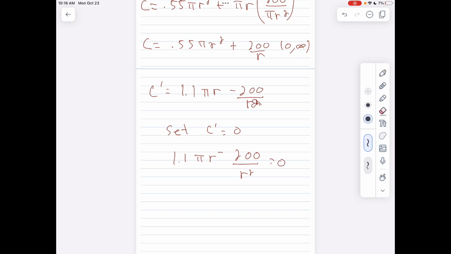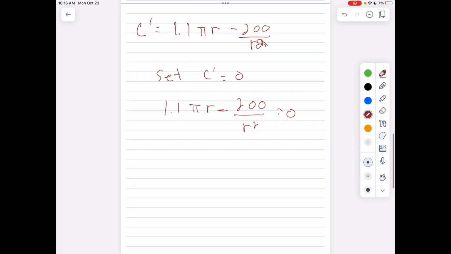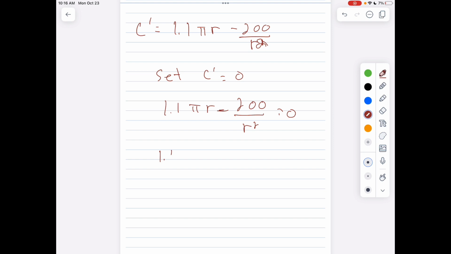And I'm going to go ahead and multiply both sides by r squared, so I can get rid of that r squared from the denominator. So 1.1 pi r squared times r is r cubed minus 200 equals 0. So again, multiplied by r squared on both sides and distributed here.